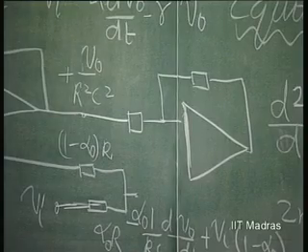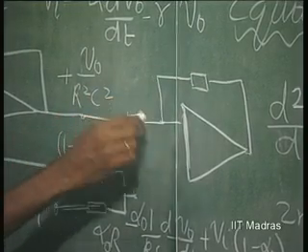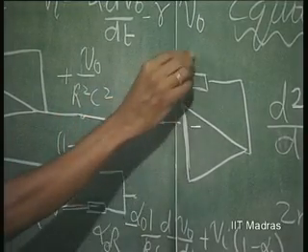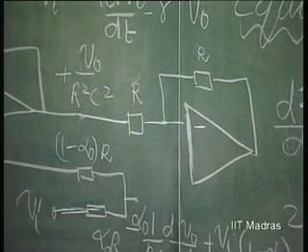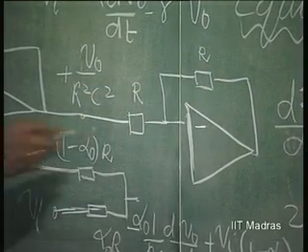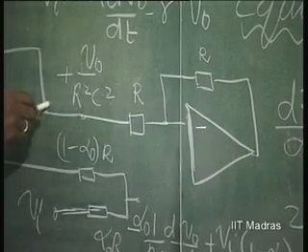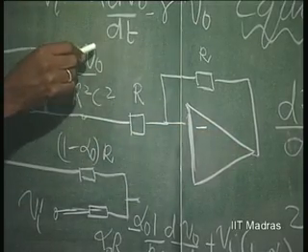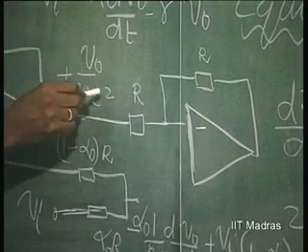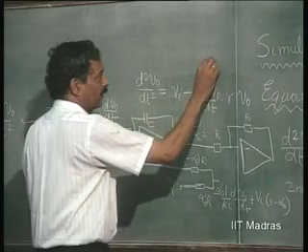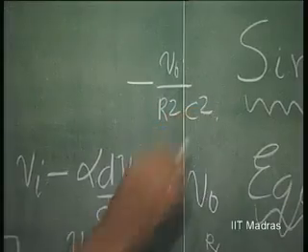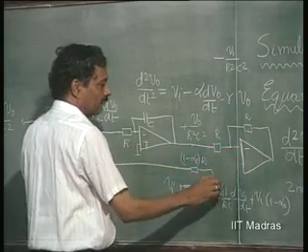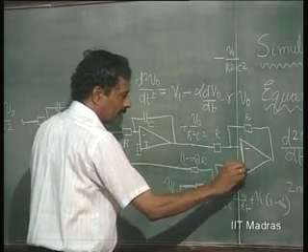So, I can now change the sign here by using, let us say, R and R. So, output will come as minus V naught by R square C square. So, this is already coming as minus V naught by R square C square. With this introduction here, this will come here and this can be connected to this.